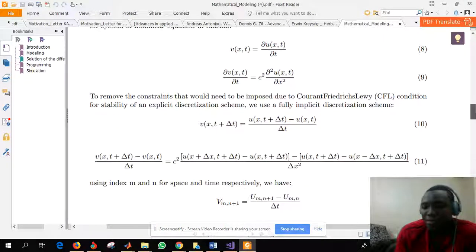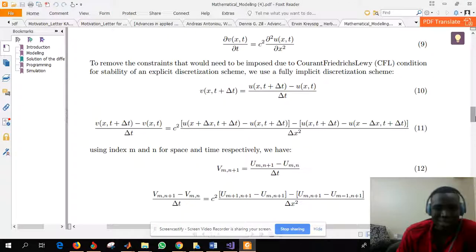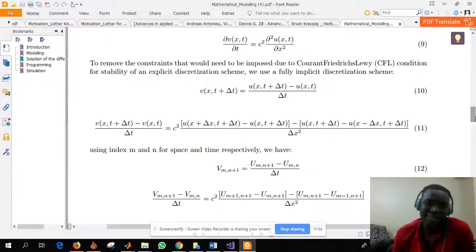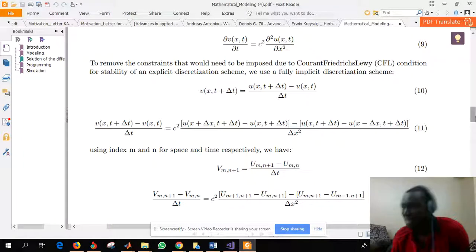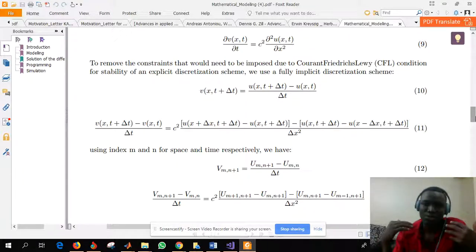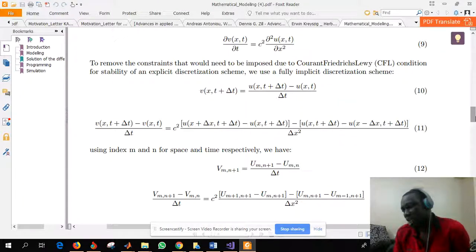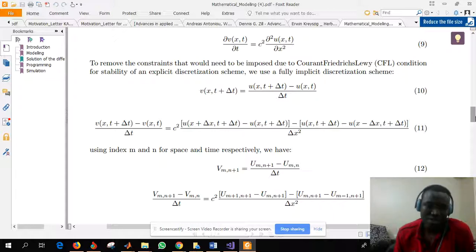Alright, so I don't want to deal with the issue of the CFL number here, so I'm not going to be discretizing explicitly. I'm going to be using fully implicit discretization. So if we discretize equation 8, we end up with equation 10, and if we do that for equation 9, we end up with equation 11. I'm going to be using m and n for my space and time counting.